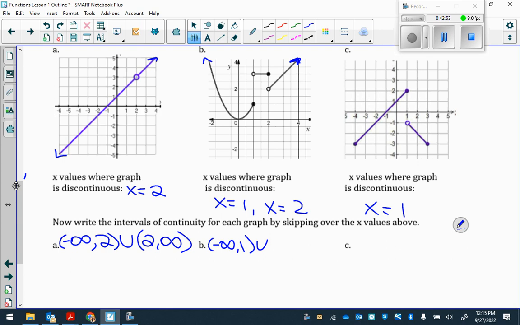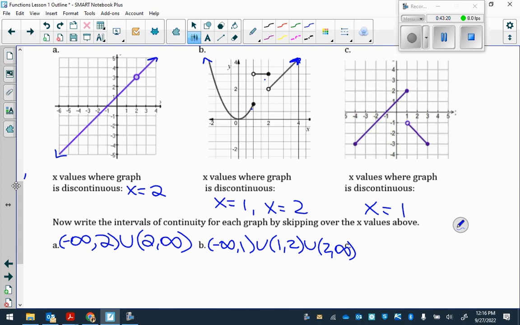We go negative infinity to 1. Then what's this interval? 1 to 2. Then where? We have 3 intervals because you have one graph here, one piece, you have a break, another piece, break, and the third piece.